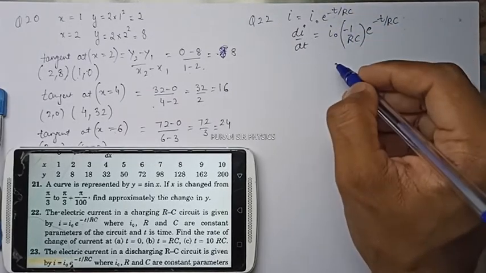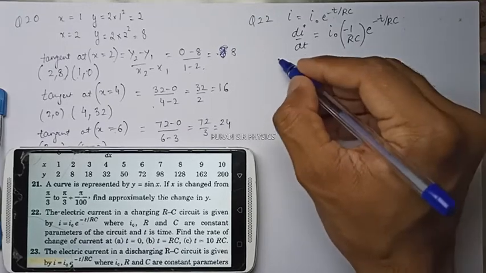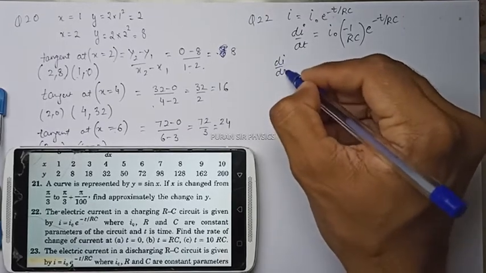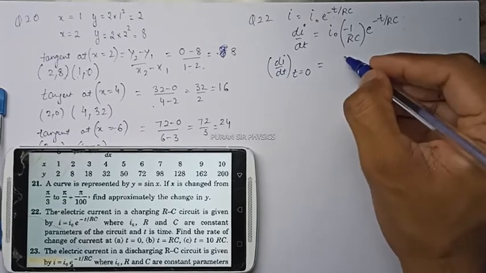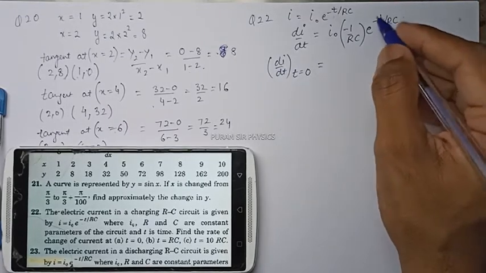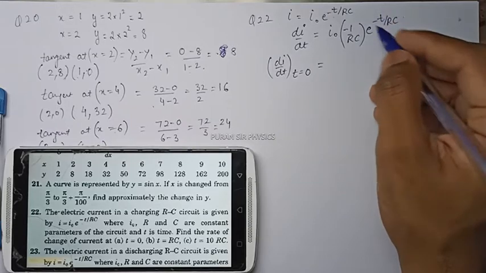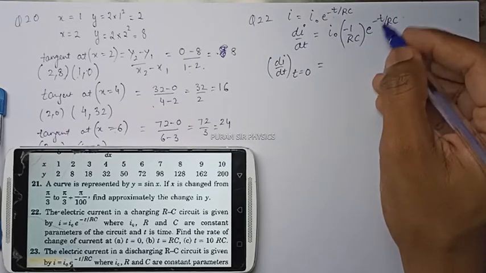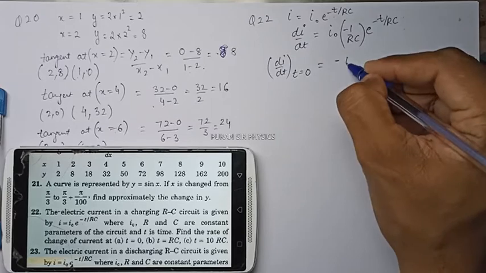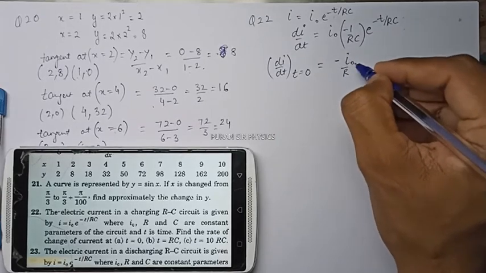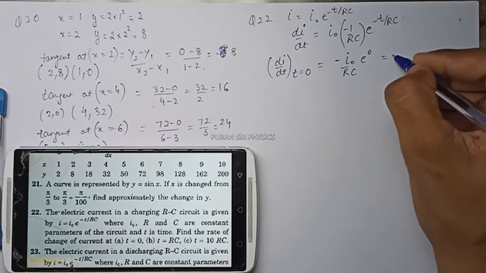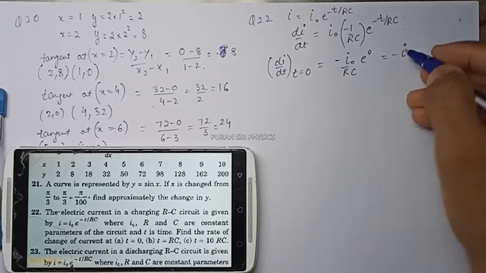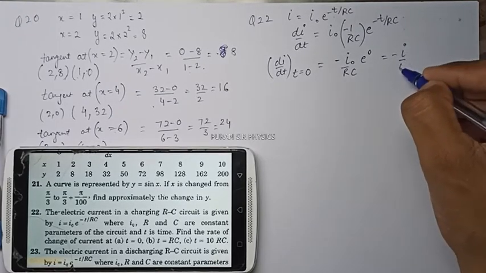So now we have to find the value of di by dt at t equals 0. When t equals 0, this exponent will become 0, then e raised to power 0 becomes 1. So we can write it as minus I naught by RC e raised to power 0. So it becomes minus I naught by RC.